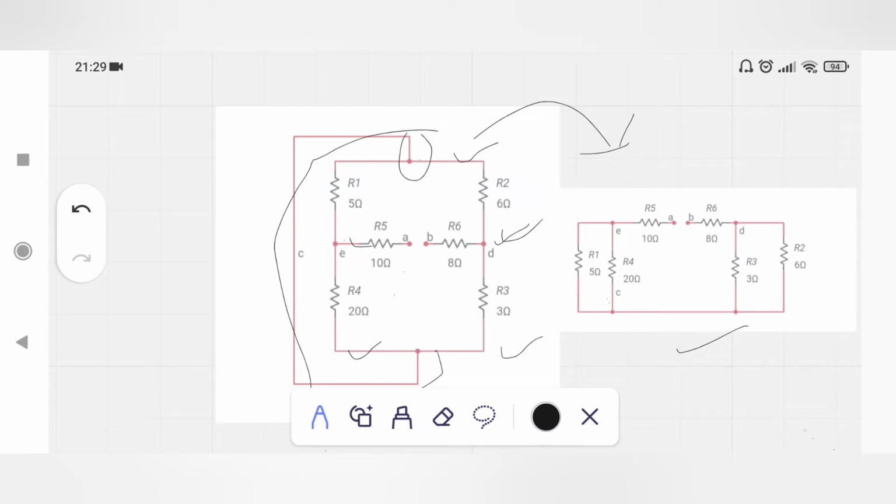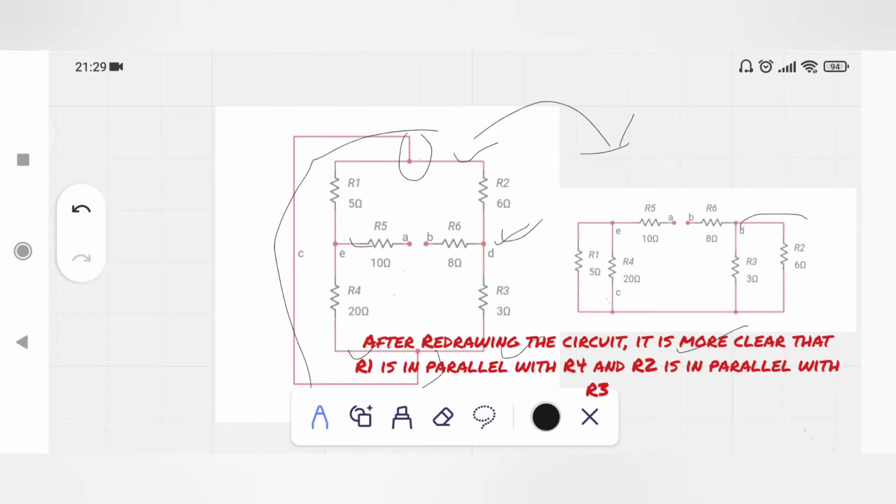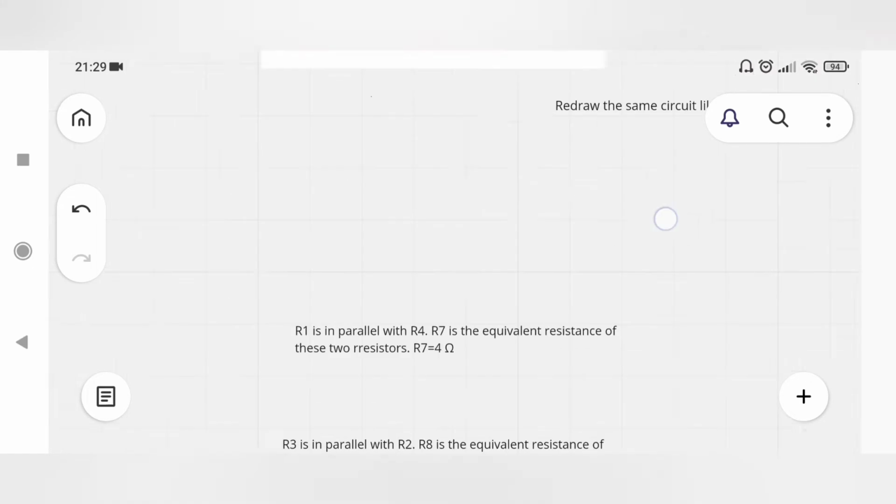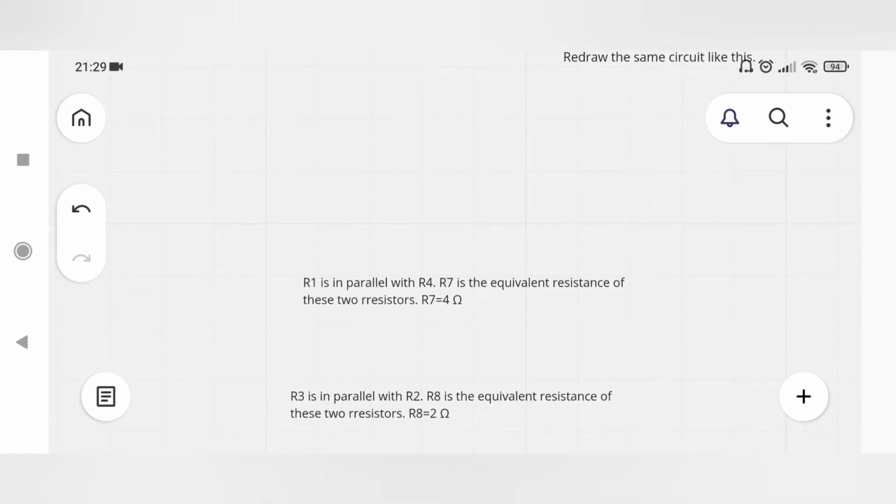Let's solve it. R1 and R4 are replaced with a single resistor. Similarly, R3 and R2 are also connected in parallel, so replace them with a single resistor. R1 is in parallel with R4, and R7 is the equivalent resistance of these two resistors.